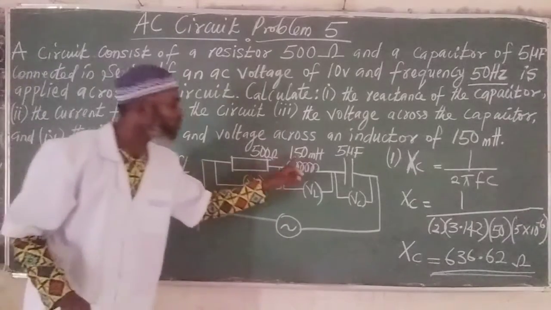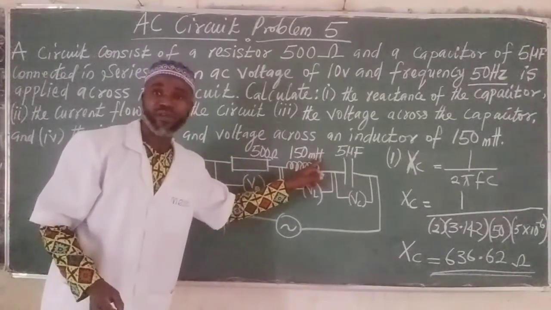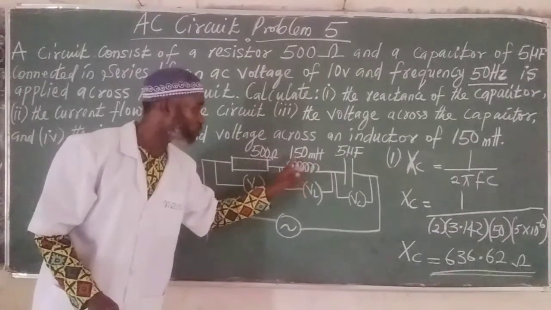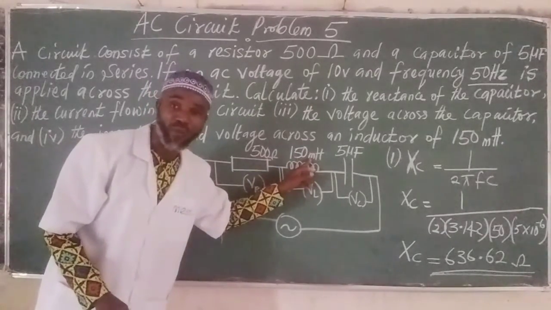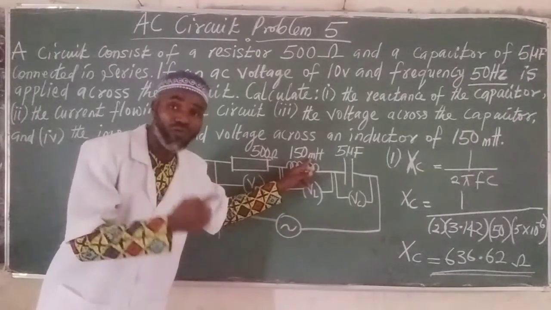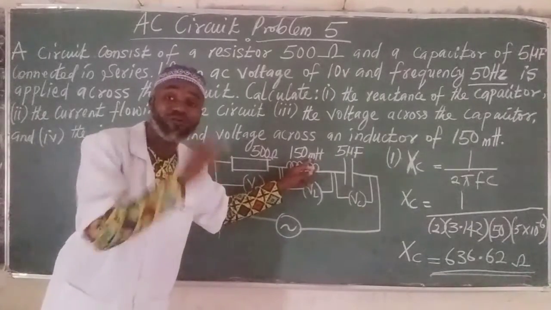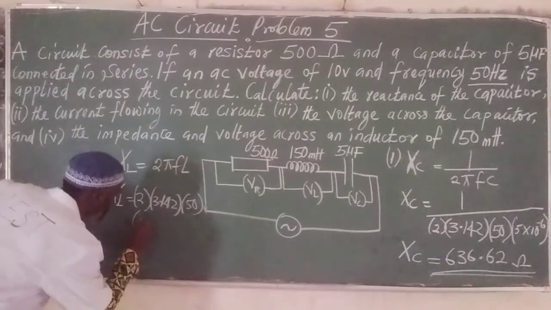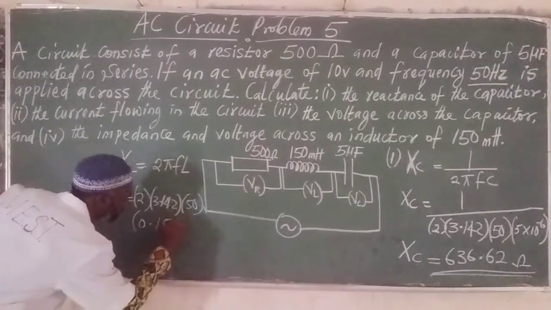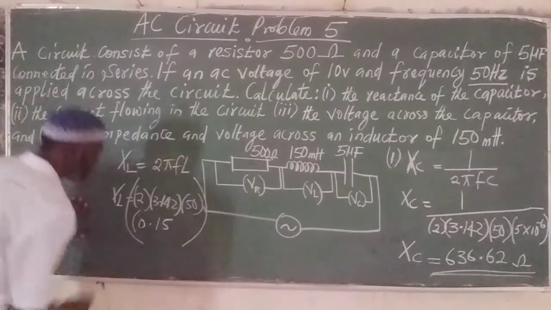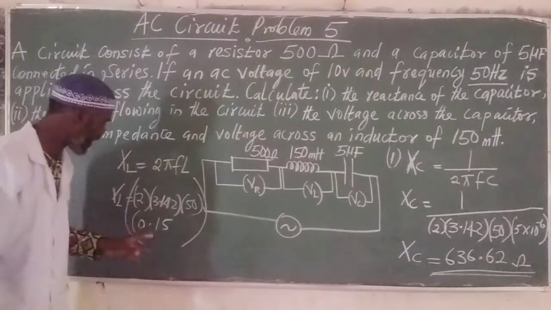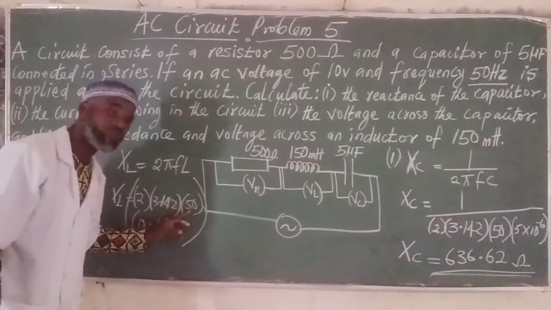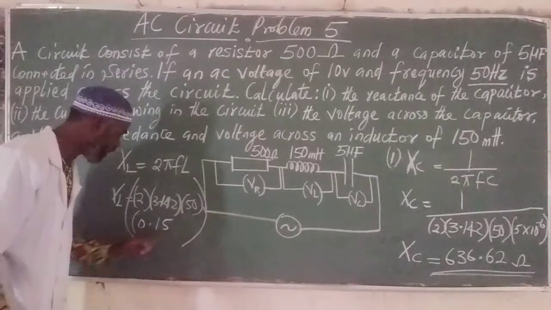The inductor itself is given as 150 millihenry. If we convert this, that is 150 over 1,000, which gives us 0.15 Henry. So all these together: 2 times 3.142 times 50 times 0.15.